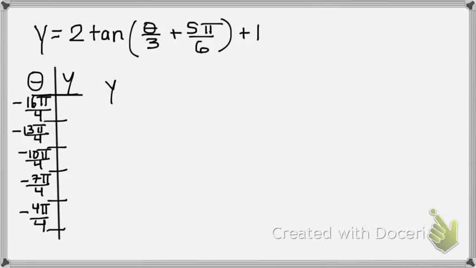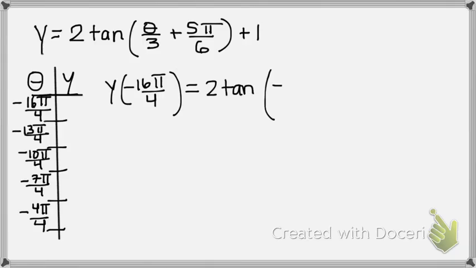So I'm going to go y of negative 16 pi over 4, and I'll plug in negative 16 pi over 4. I can simplify that now, right? I've done my step work, so I can just call that negative 4 pi over 3, right?